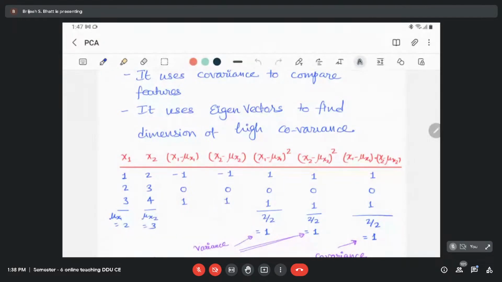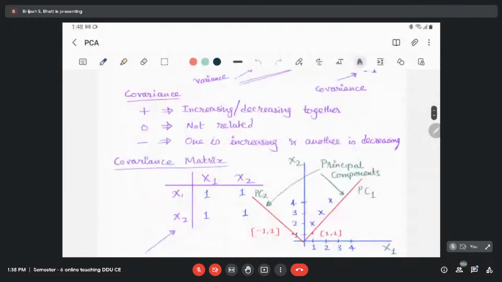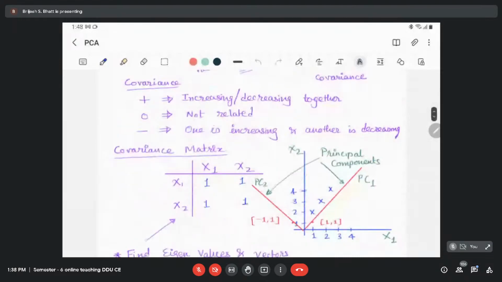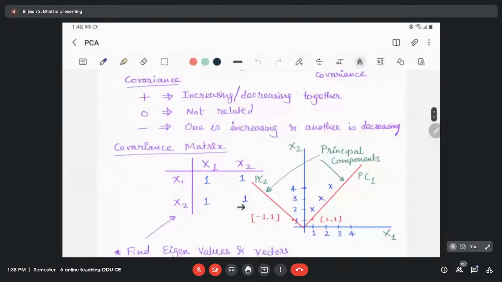And then first let us look at how covariance matrix looks like. Covariance matrix is, as I said, n cross n matrix, where n is number of features. So features are listed in row also and in column also. Right? Are you with me so far, Priyank?